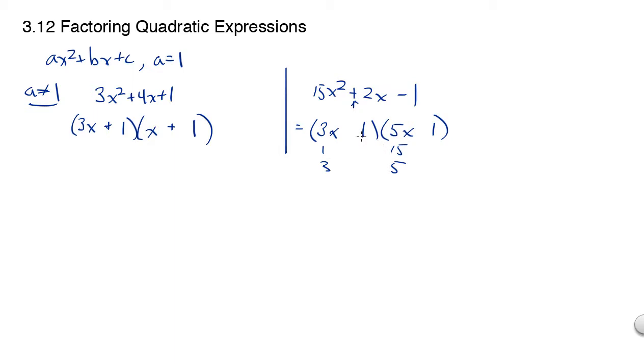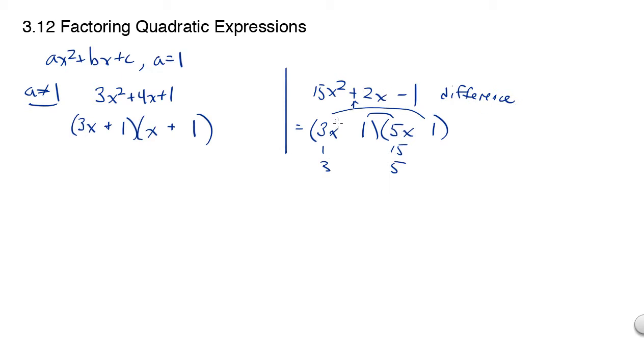Instead of looking at the sum of the ones, we have to look at the sum of the O and the I terms of the FOIL, the x terms, the terms that sum up to the bx. Well, in this case, we'd have a 5x and a 3x. It's got to be a difference because they have to be different signs. We're still looking at difference.